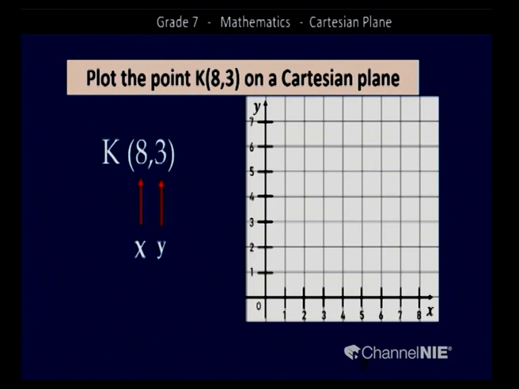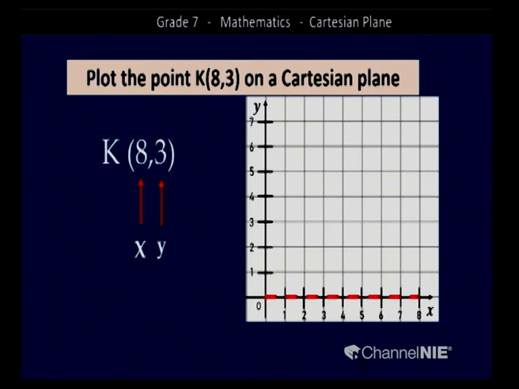We will start with the x coordinate. The x coordinate is 8. Therefore, I am going to start from 0 and move 8 units along the x axis, right. Then I will take the y coordinate, which is 3.